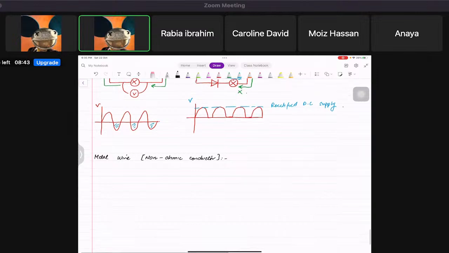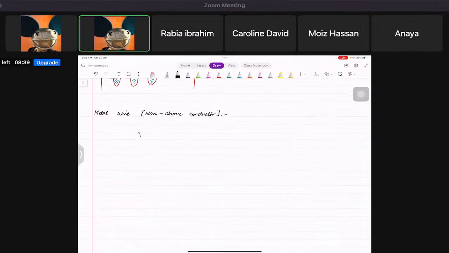If you look at a metal wire, it has particles in it, very nicely arranged in layers. And when the current flows through it, because there is a free sea of electrons, they go in all directions. It has a sea of electrons, and that's what we learned in chemistry as well.